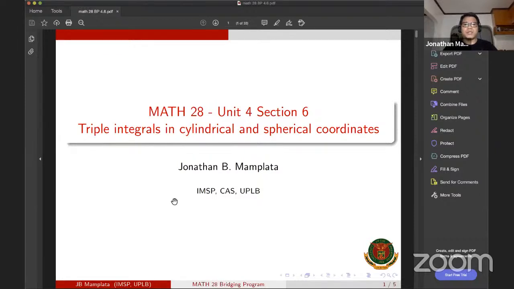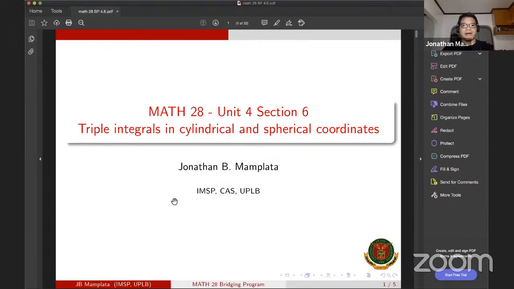Okay? So the important thing here first is to determine the solid being considered, kasi yan ang mag-guide sa inyo on how to identify the bounds of integration.